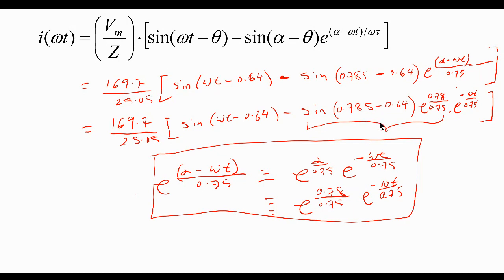This part is 0.4, and multiply it by this, what you get. I get 2.79. 2 point what? 79. 2.79. All right, and work with that.